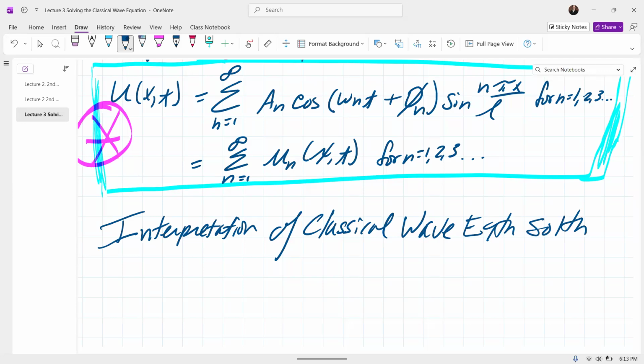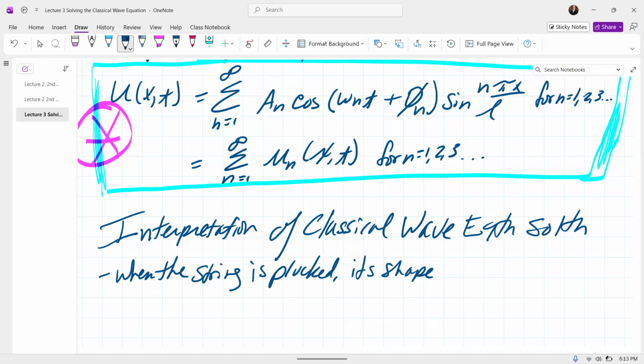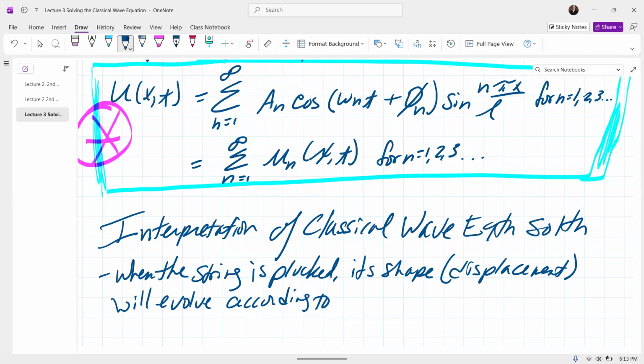When the string is plucked, its shape, or the displacement, will evolve according to u of x and t, the displacement equation. That's what this tells us.